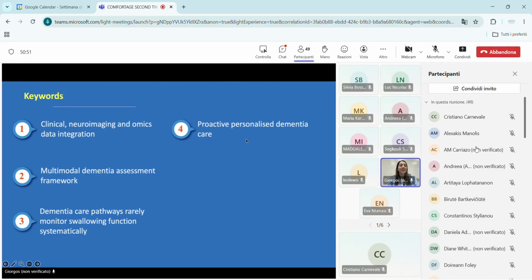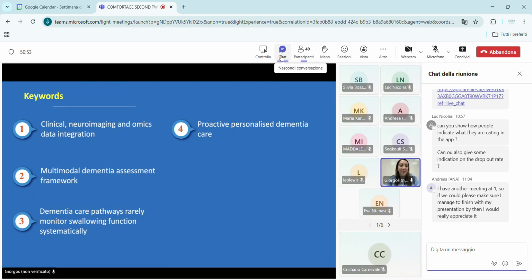Yes, and some of the keywords about this study and also this presentation: clinical neuroimaging and omics data integration, multimodal dementia assessment framework, dementia care, and swallowing. Basically, we are going to study swallowing in more depth, which we know is affected but is rarely studied in depth.